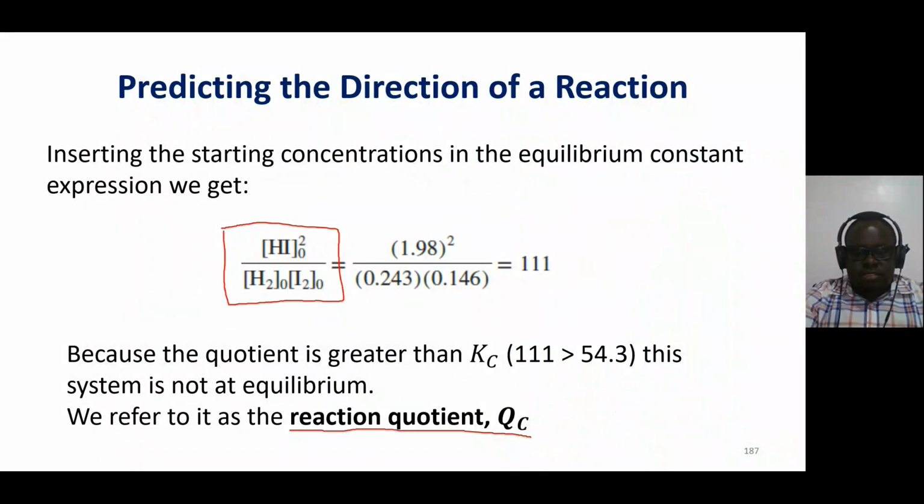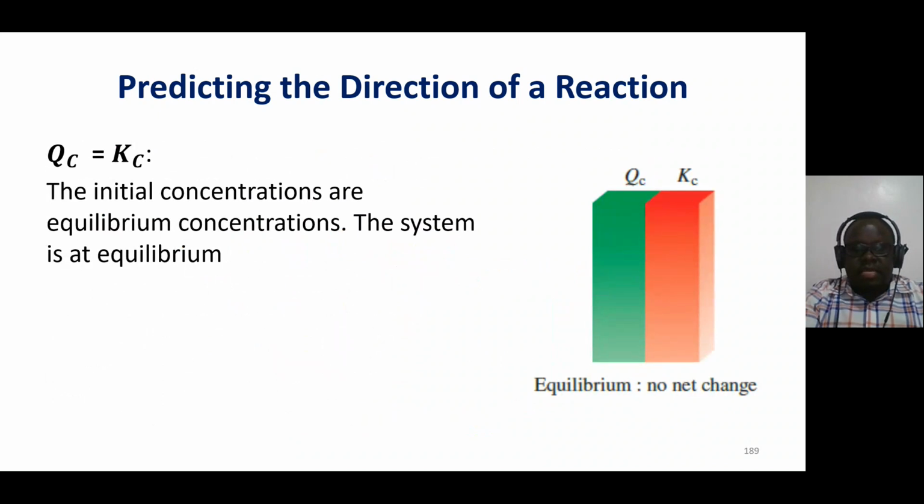In this case, it's not the case because we have Qc being greater than Kc. There's another case where you can find that the initial Qc, when you've put in the initial concentrations, the reaction quotient Qc, is equal to Kc.